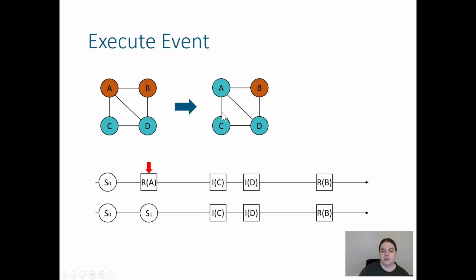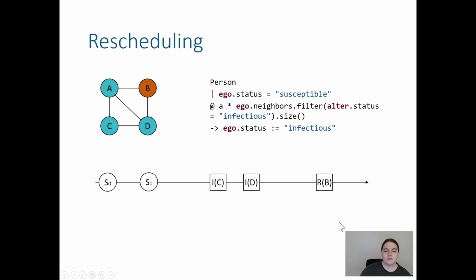So what we have to do is we have to carefully consider if we have to reschedule any of these events. And this is what we do next. So for rescheduling, we have to basically keep in mind every event that might be affected and change its scheduling.